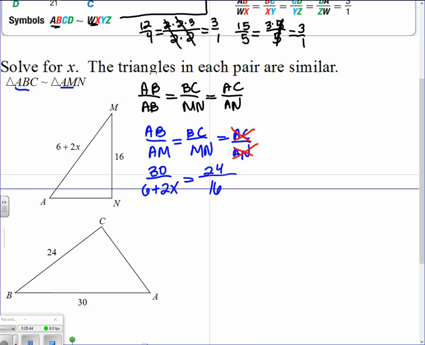Now the way you do this, you cross and multiply. This would be 30 multiplied by 16, and this would be 24 multiplied by 6 plus 2x. So notice what I do is I cross and multiply. Sorry, this should be 2x.